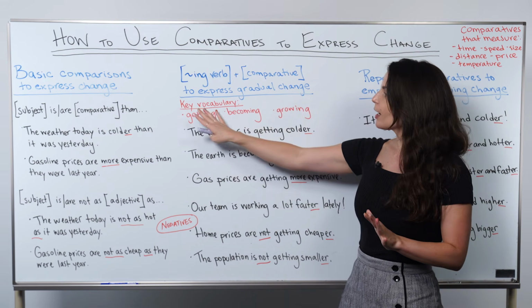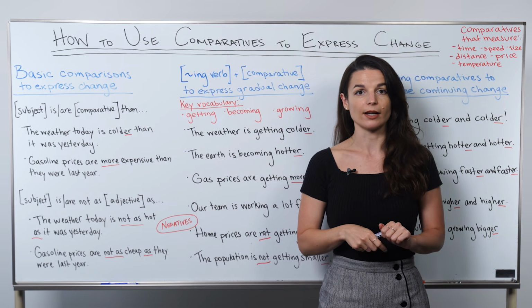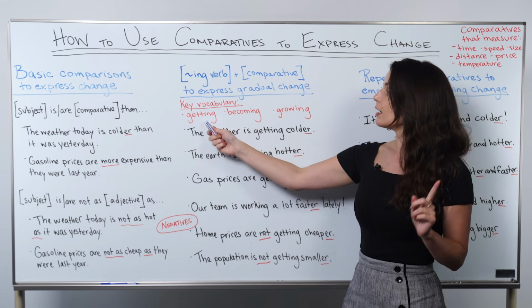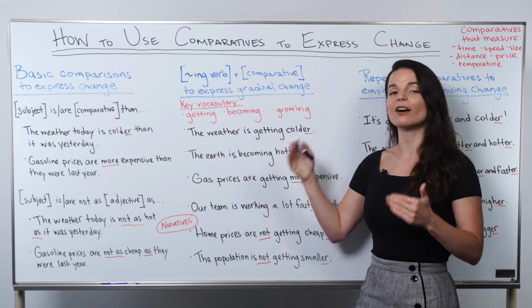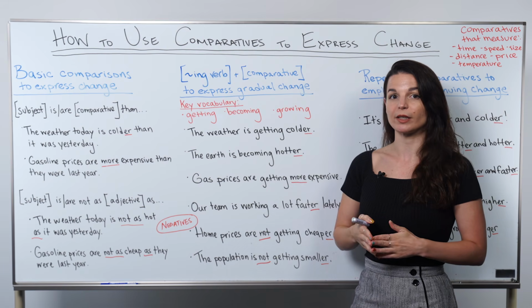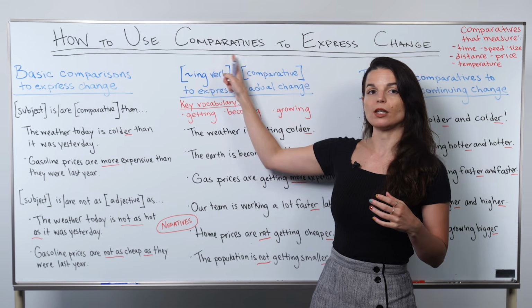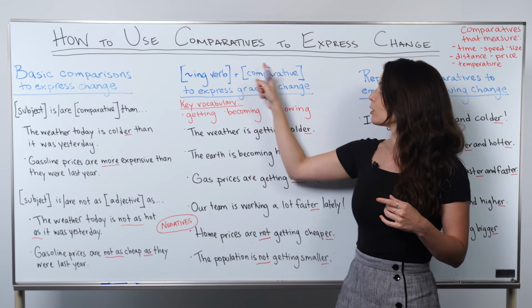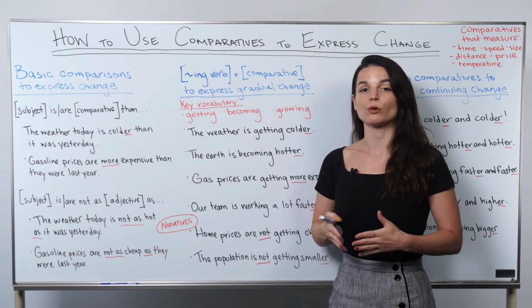So we have a couple of key vocabulary words that we often use with this kind of pattern. They are getting and becoming and growing, and there are some others as we'll talk about a little bit later. But we use these words in this ing part of the pattern before our comparative. These are very, very common in this kind of gradual change expression.